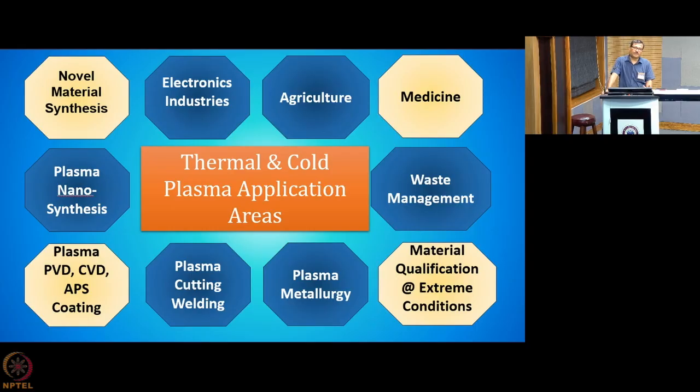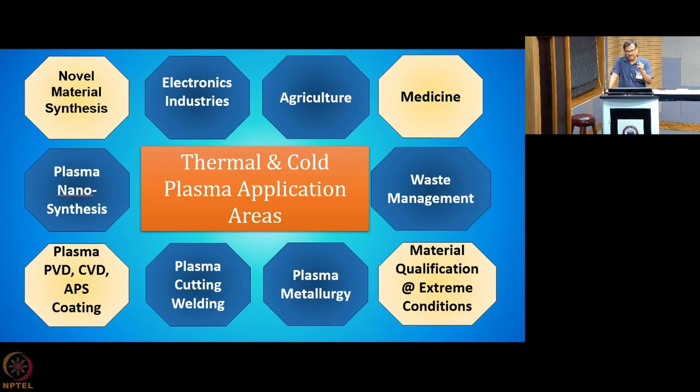There you need to go for atmospheric pressure plasma spray coating, where you can develop, say, 600 micron thickness of coating in just a minute. So these coating applications have widespread uses in many areas.